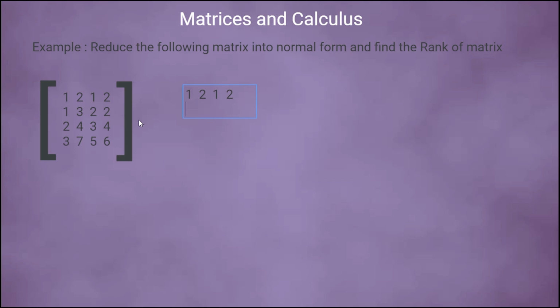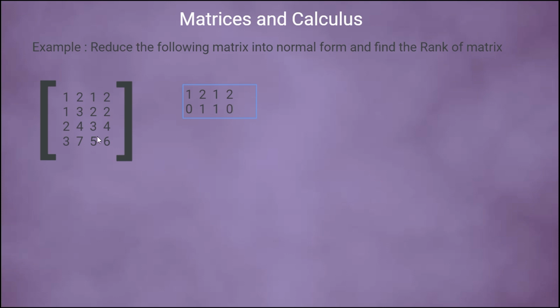Now 1 minus 1, that is 0. Here we'll get 0. 3 minus 2, that is 1. Here we'll get 1. Here 2 minus 1, that is 1. And next 2 minus 2, we'll get 0.